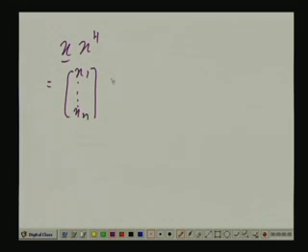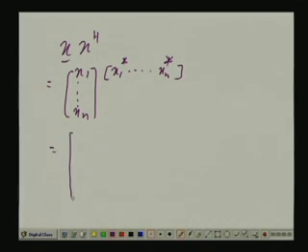On the other hand, how about x x H? This will not become a scalar. The previous x H x was a scalar number because x H was a row vector and x was a column vector, so the product was a scalar. But now we have x as a column vector as before, x1 to xn, and x H is first the transpose, which is a row vector, and then conjugate it: x1 star to xn star.